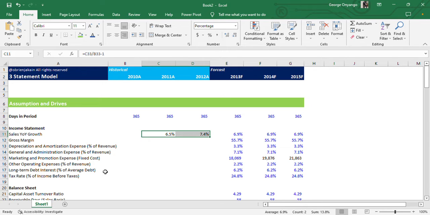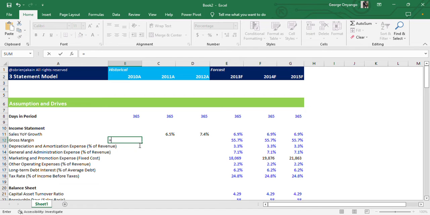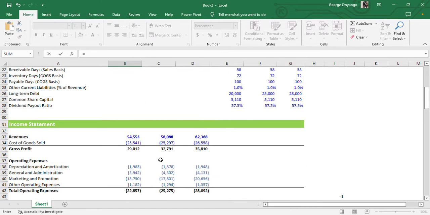6.9. Then we have the gross margin. The gross margin is the percentage of gross profit on revenue. So we're just going to get that from this as a percentage of this.